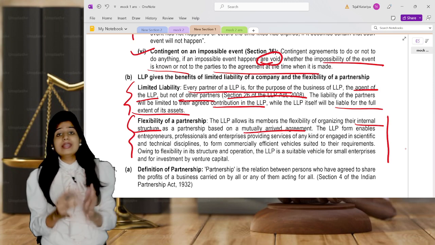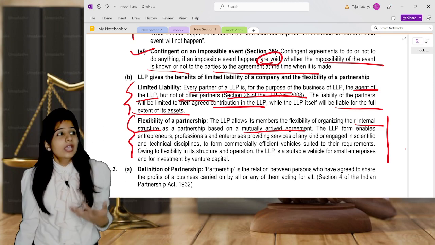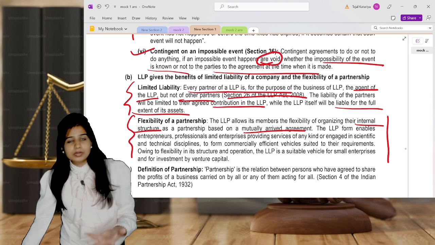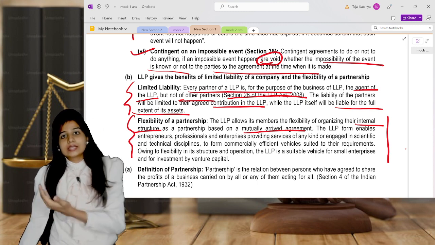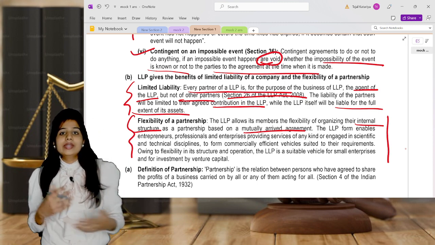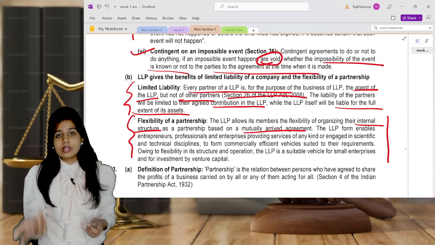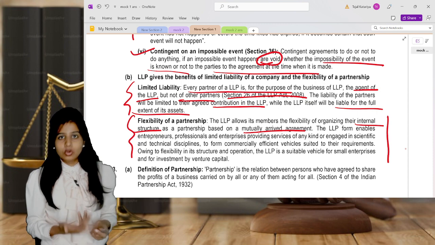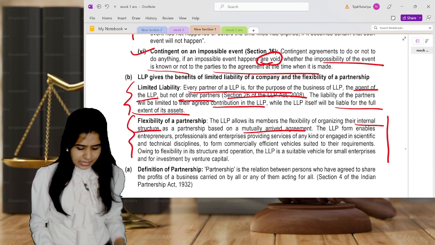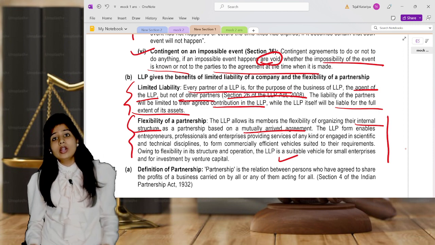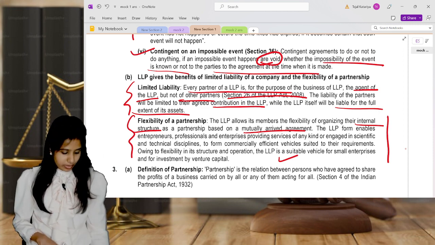If not, you can write flexibility points like: the partners have a mutually agreed contract among them, they act for each other, and they do not follow the stringent laws which a company is supposed to follow according to the Companies Act. You may write like that also. If you write these statements, that's okay. If you are not able to write, then still it's okay.